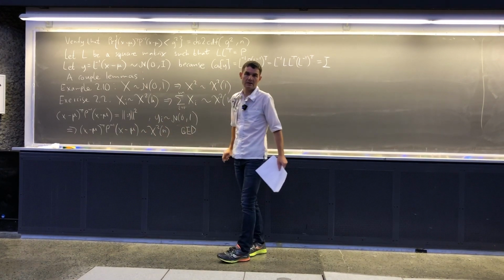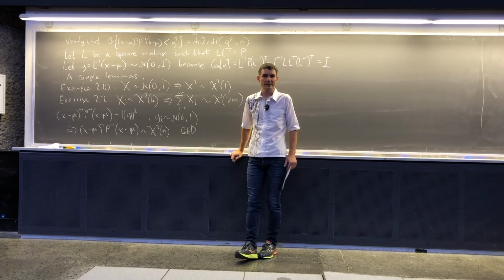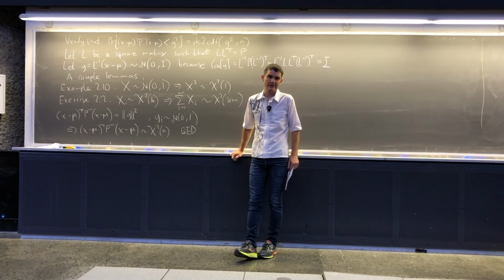Then I have a formula for how much probability mass is contained within a given covariance ellipse.